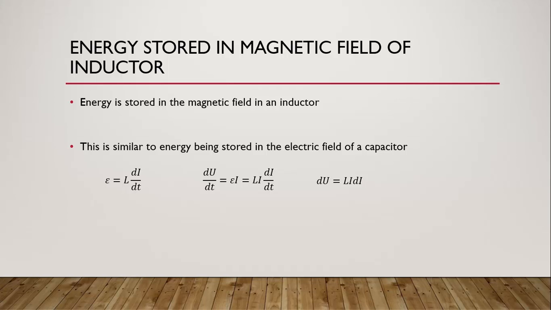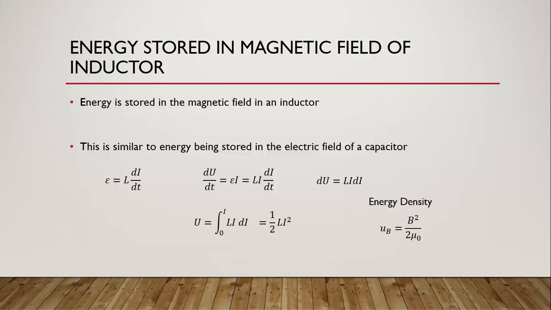Well, if we multiply everything by the dt's, they cancel out, and you end up with dU is equal to L I dI, which if you integrate it, you end up with 1/2 L I squared is the energy stored in the inductor. Now, if we wanted to calculate the energy density, we take the magnetic field strength squared and divide it by 2 mu naught.